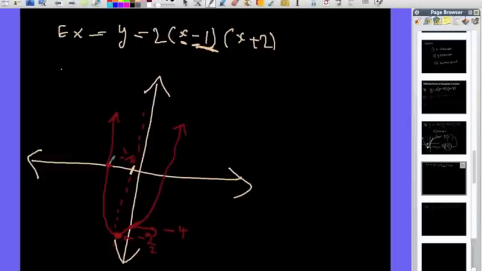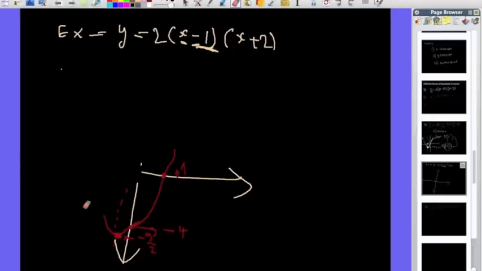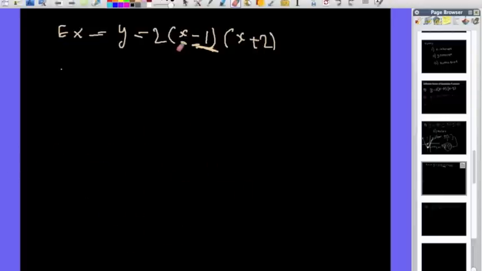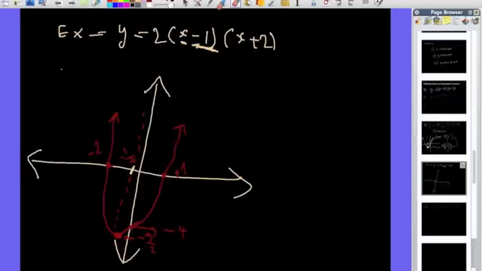And as our x-intercepts, we got -2 and 1. So that pretty much is it. So now let's move on. Oh, sorry, I should not have erased the graph.